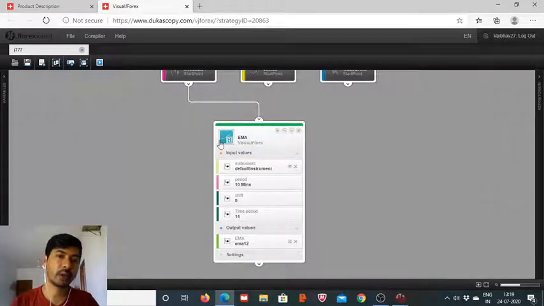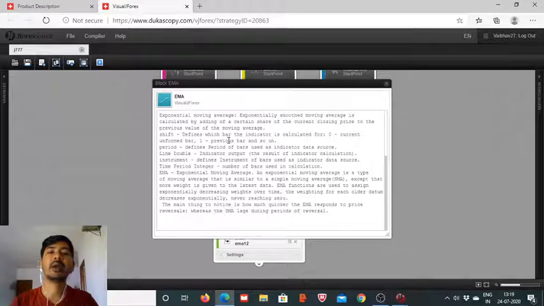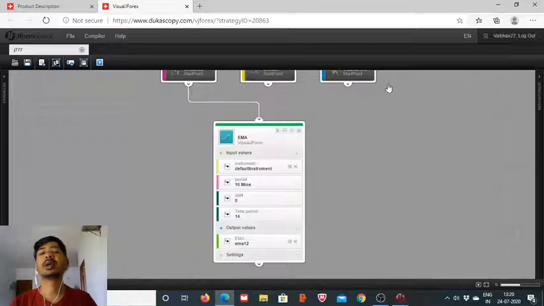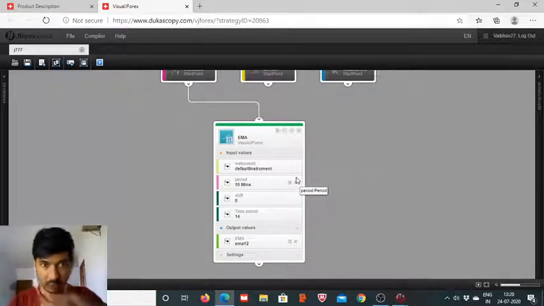Here you can also get this info section, and in it most of the explanation of the EMA block is included.